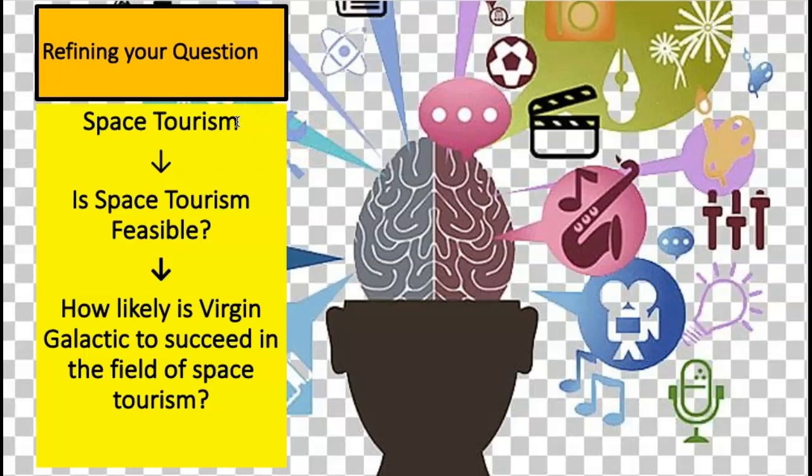So my topic is space tourism, as you can see, and my first question that I set myself is: is space tourism feasible? But as we saw before, that's still very general and very hard to cover in quite a short essay or a presentation. So when I started to research this, I began to find out there are many different space tourism vehicles that all seem to be owned by billionaires.